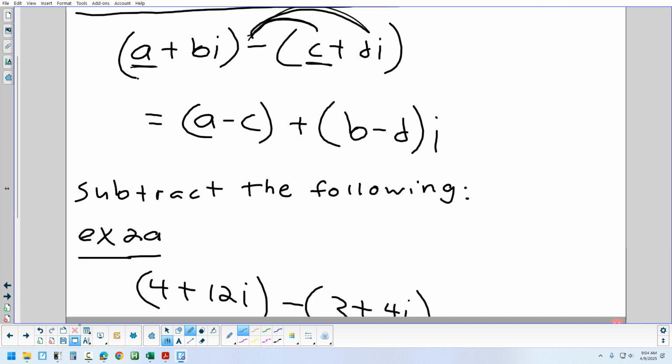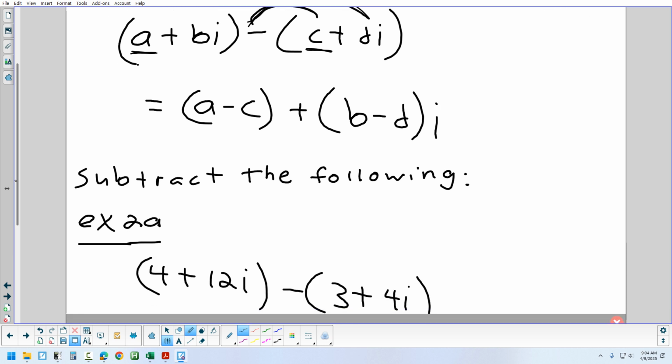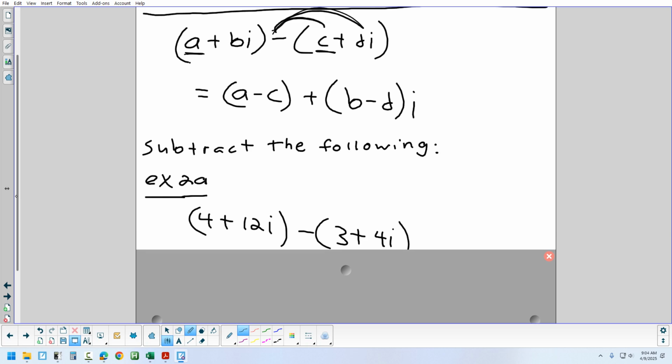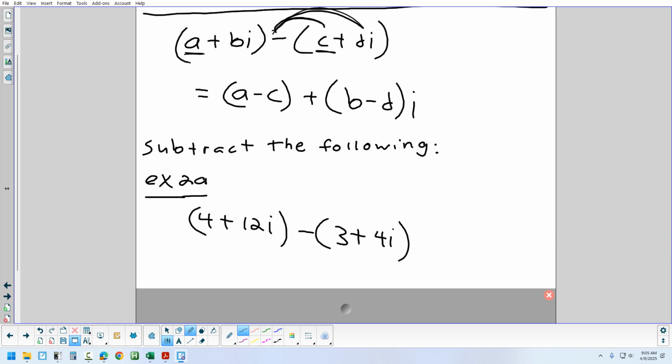All right, so let's try this one. We've got 4 plus 12i minus 3 plus 4i. What's going to be the real part when we subtract those two? 1. Yeah. You have a real part of 4, you have a real part of 3, and the operation is subtraction. 4 minus 3 gives you 1.